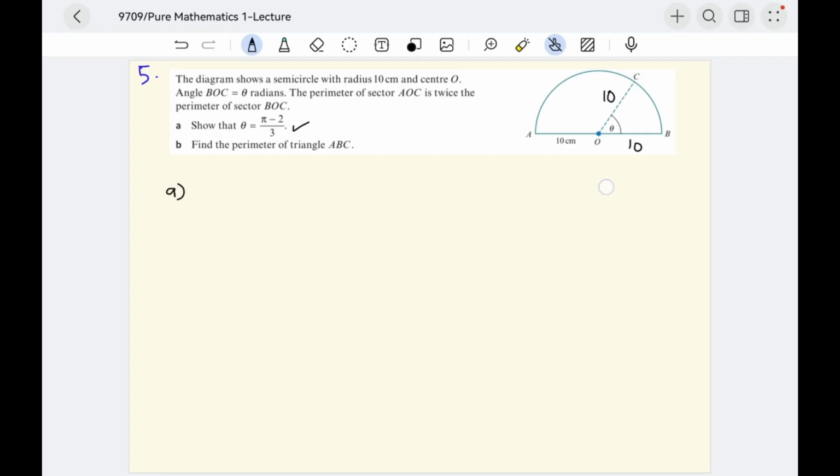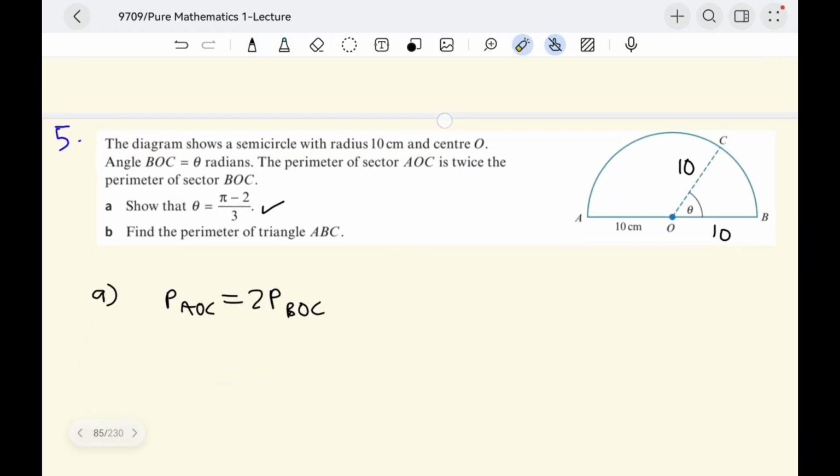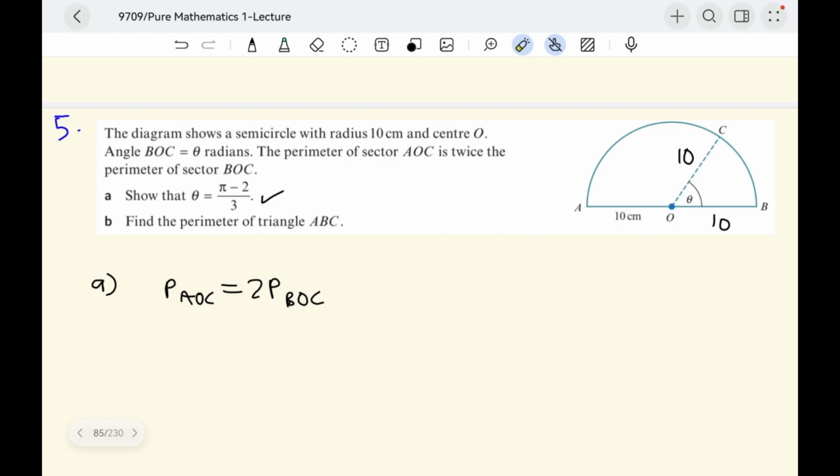Okay, let's solve for A. Let's label the perimeter of the sector PAOC. Twice the perimeter of sector BOC is 2 times PBOC. So how to get the perimeter of a sector? It's basically twice the radius plus the arc length, right?